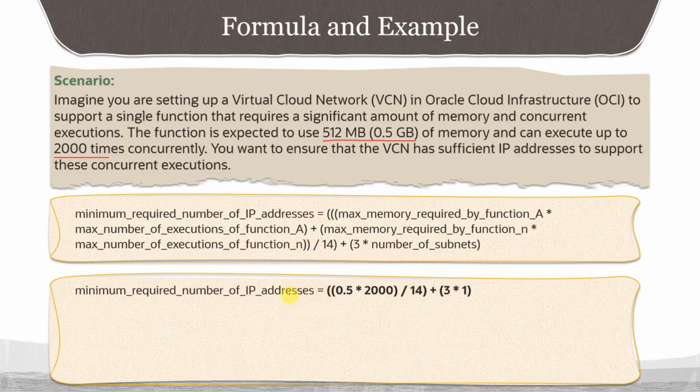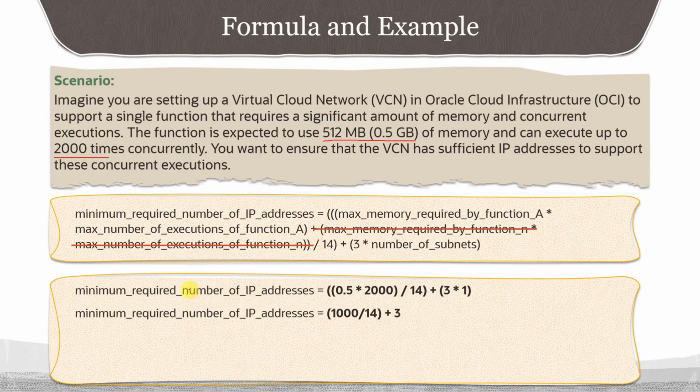In this case, the function's total maximum amount of required memory is 1000 GB, that is 0.5 times 2000. Since there is only one function, I'll strike out the calculation for other functions. In case there are more functions, you must calculate the sum of all functions' maximum memory requirements.